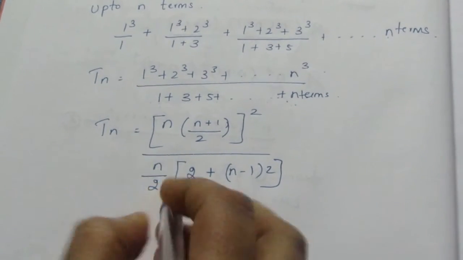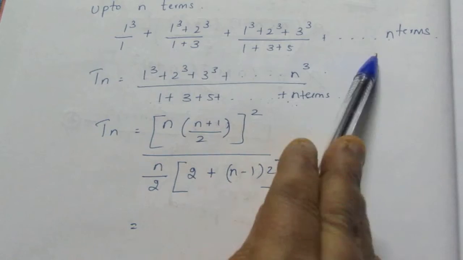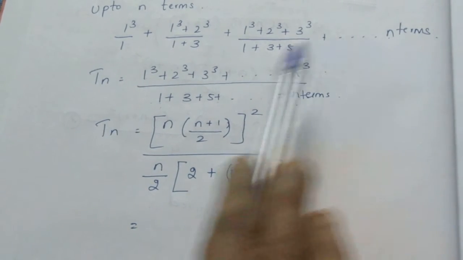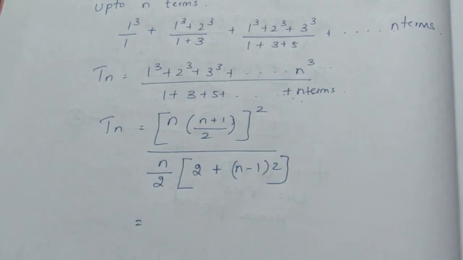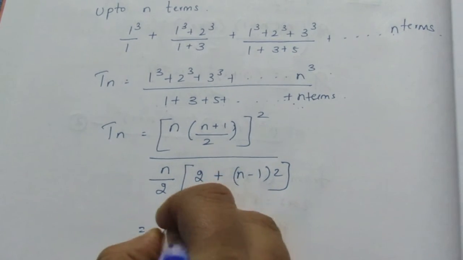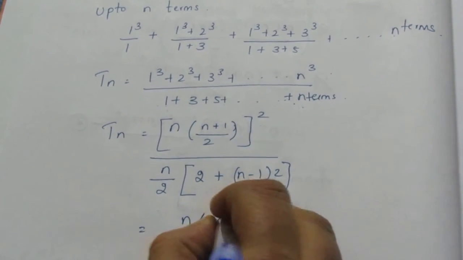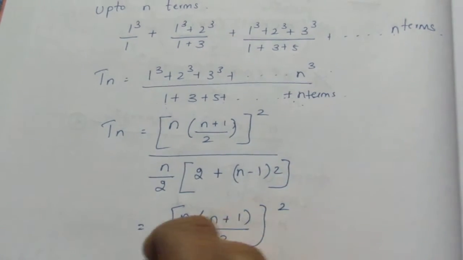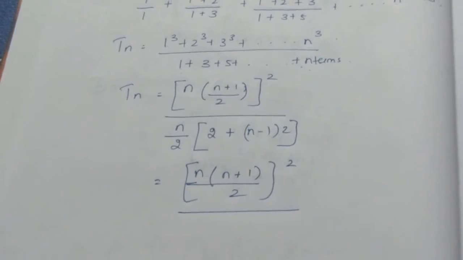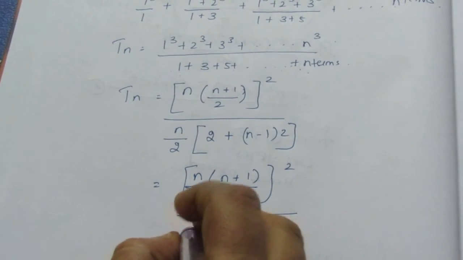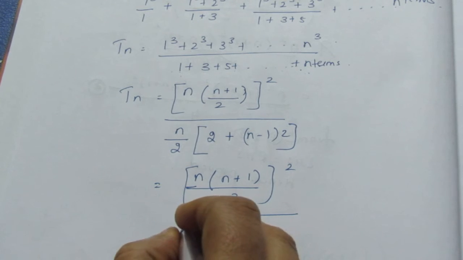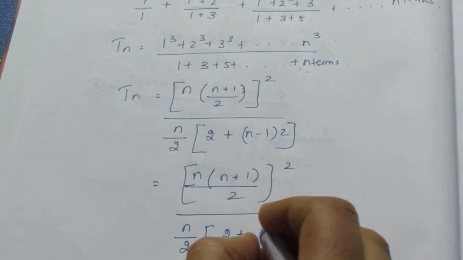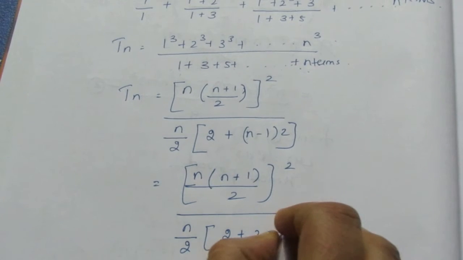Solve it. This is not the sum of the series, this is just the general term. Remember that I am just solving for the general term. So it is n into n plus 1 by 2, the whole square, by n by 2 into 2 plus 2n minus 2.